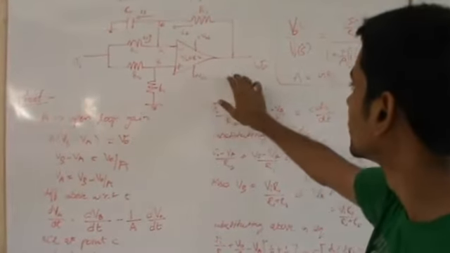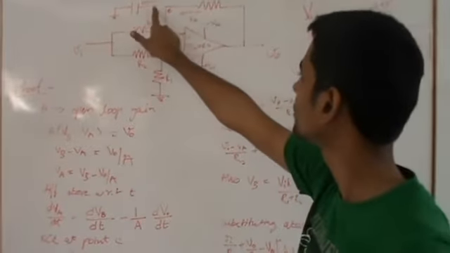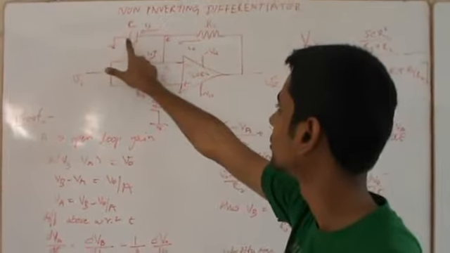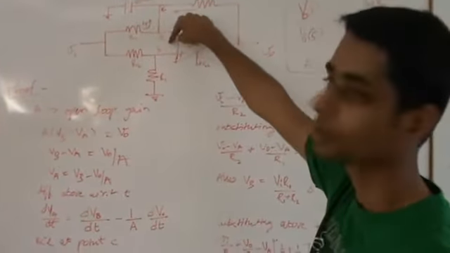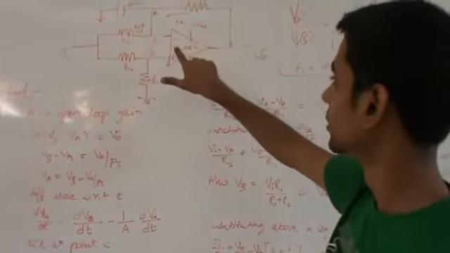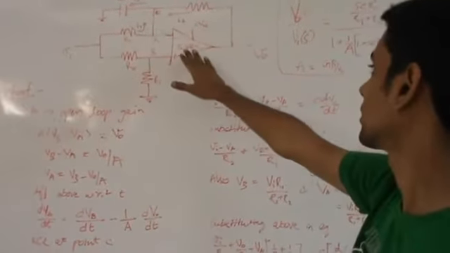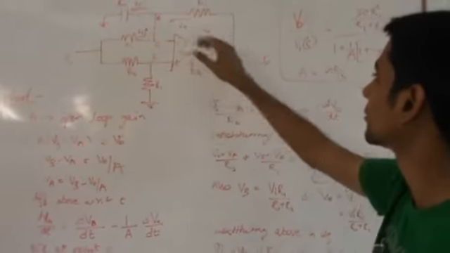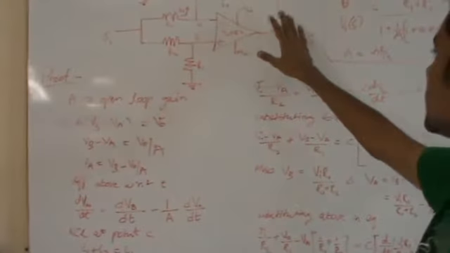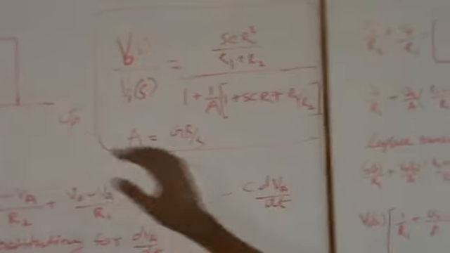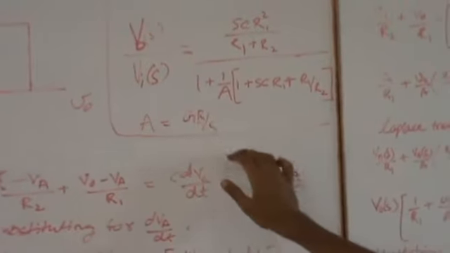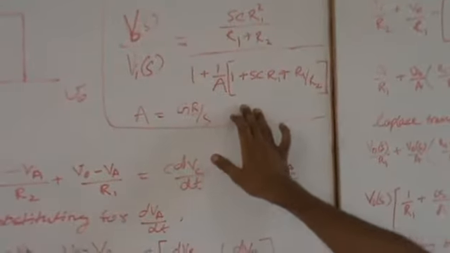Here we are using a capacitor whose one end is grounded, the other one is directly connected to the inverting terminal of the op-amp, and the op-amp used is TL082. So here the transfer function is given by the expression which we already showed you. Here A is the open loop gain of the op-amp, and it is equal to GB by S, where GB is the gain bandwidth product.